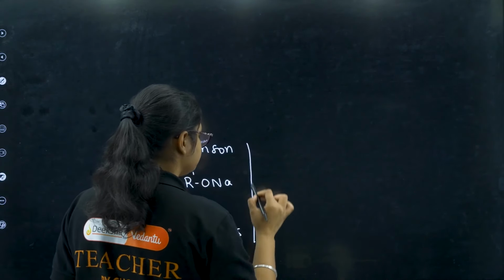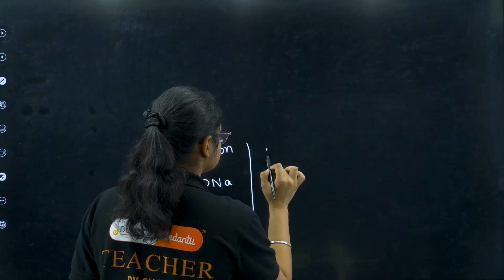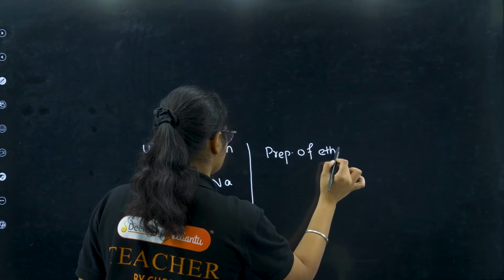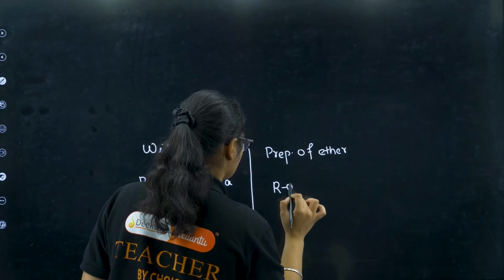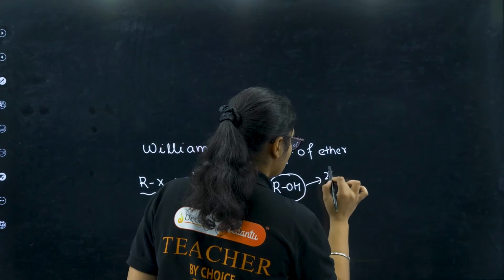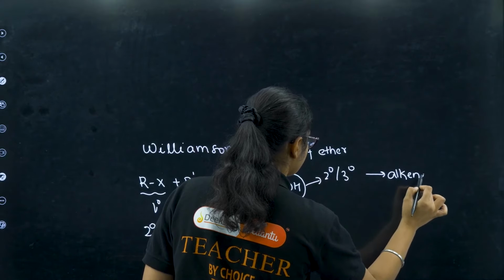Similarly, for the next, the preparation of ether by dehydration of ROH, if this ROH is secondary or tertiary, then also you will get alkenes, okay.